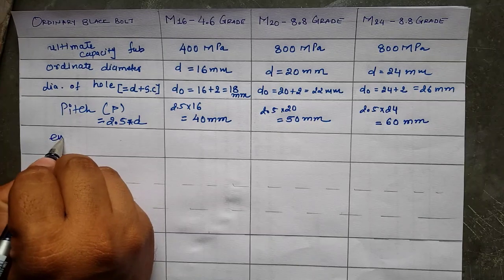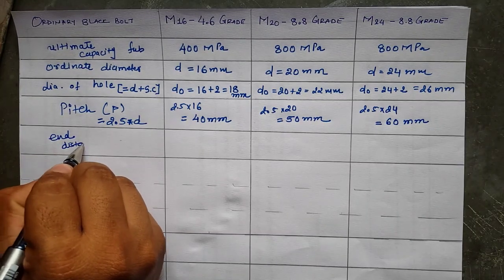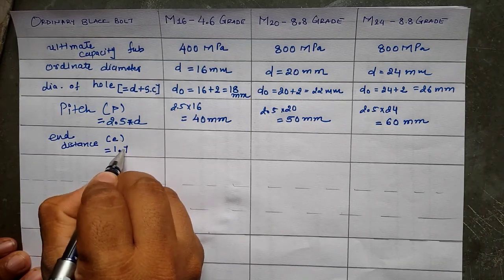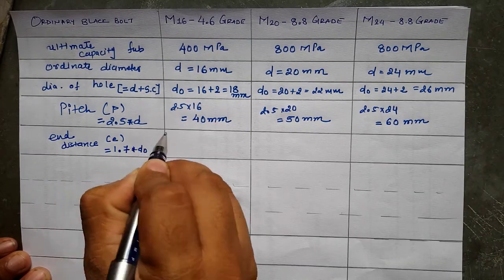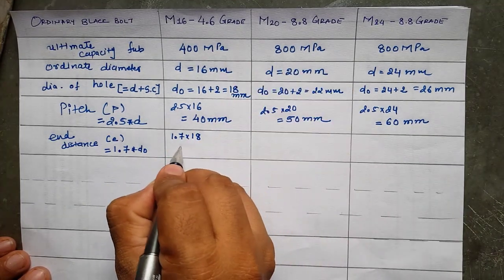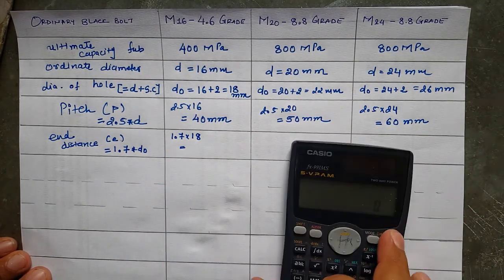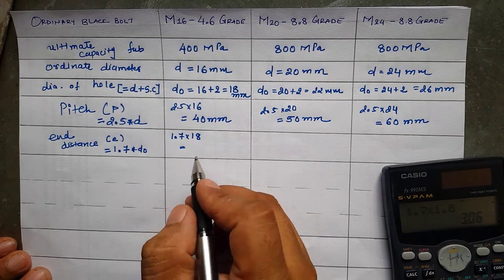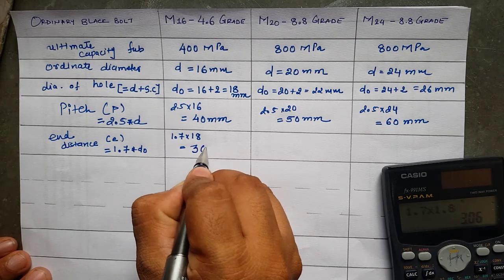Next thing, end or edge distance, which is indicated by E, and we know that it is 1.7 into D0. So 1.7 into 18 for 16 mm bolt. It's almost 30.6, so we will assume 30 mm.